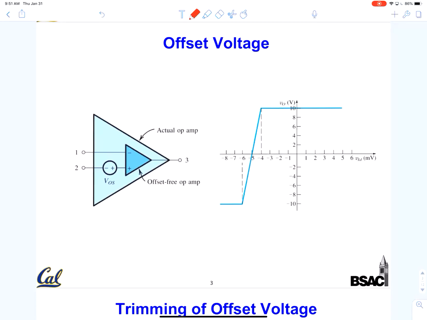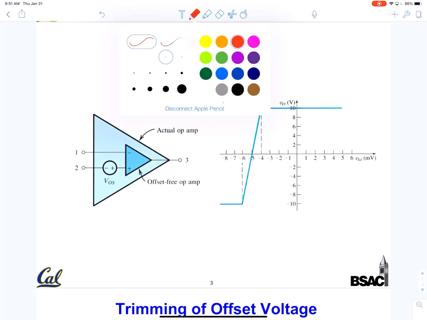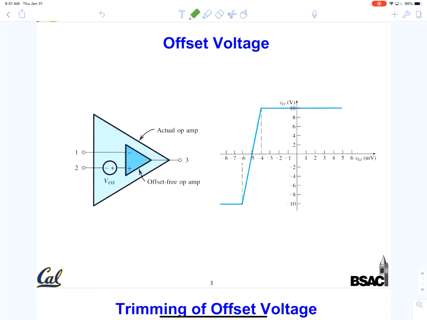On the right is the transfer curve of a typical op-amp and an ideal op-amp. Let me use green. The ideal op-amp will be something like a green line here. It actually passes through the origin. So this is the ideal op-amp.